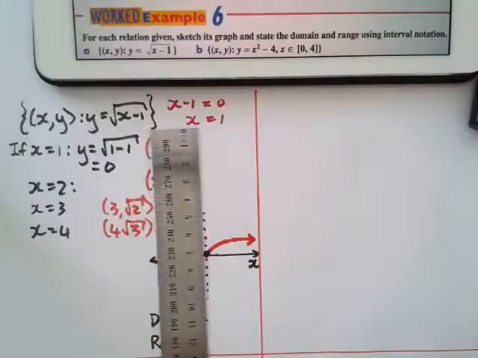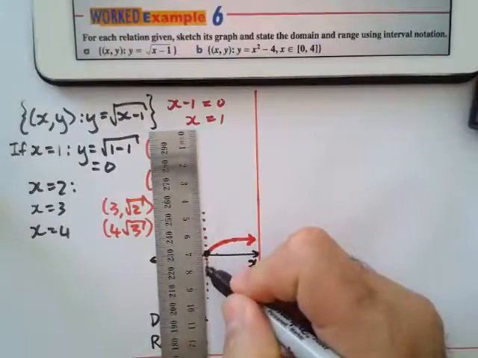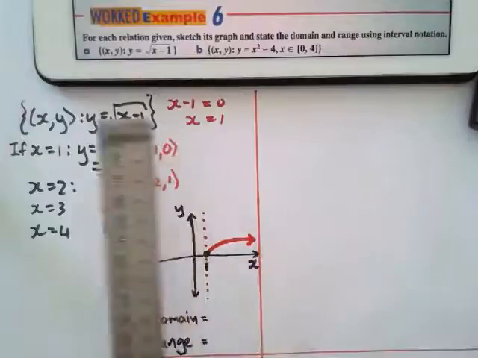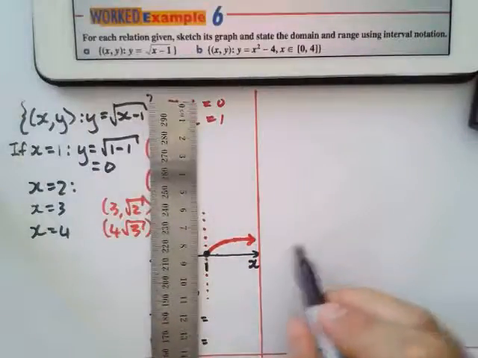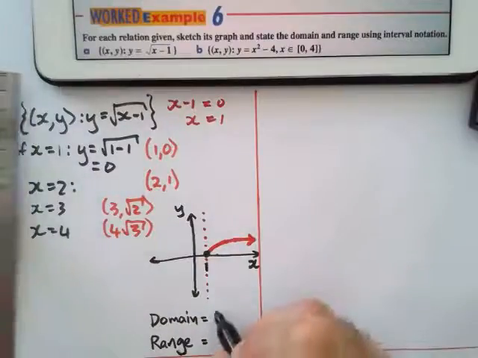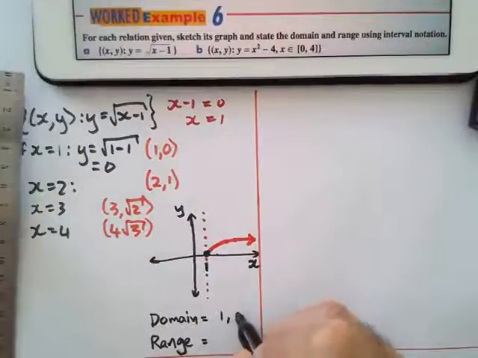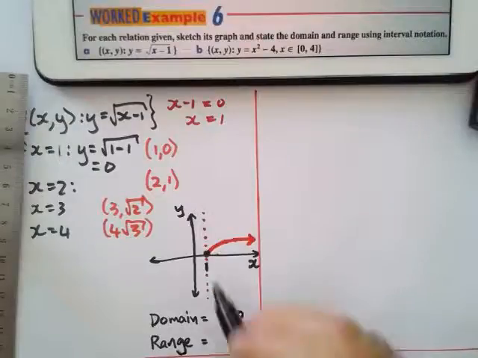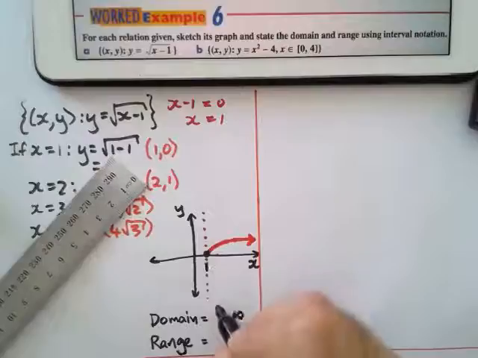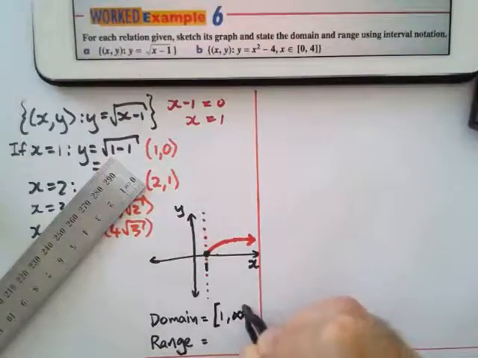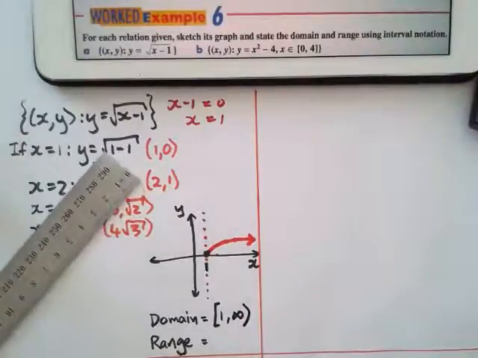No, the value starts there, and that is where x equals 1. So my domain is 1, and my last value is never ending, so my upper limit is infinity. 1 is included because we did get a value for 1. Infinity is never included.